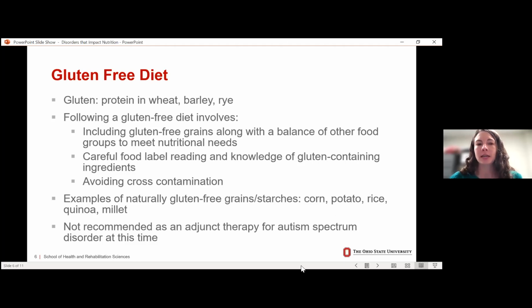We do tend to see the gluten-free diet used in conjunction with a casein-free diet, commonly in kids with autism spectrum disorder. And I don't know if anyone has encountered this. It's not currently recommended at this time as an adjunct therapy for ASD, but there's this theory floating around that gluten and casein, which is a protein found in milk, are not broken down appropriately in people with ASD.